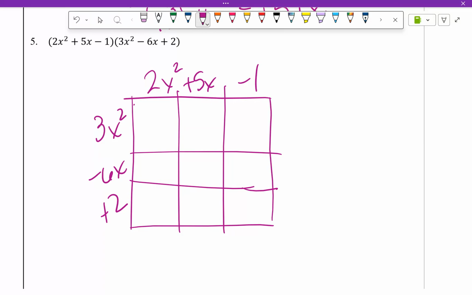Add up the, remember, combine your like terms coming out of your box, right? You don't have to write all of them. That's why we did the box.